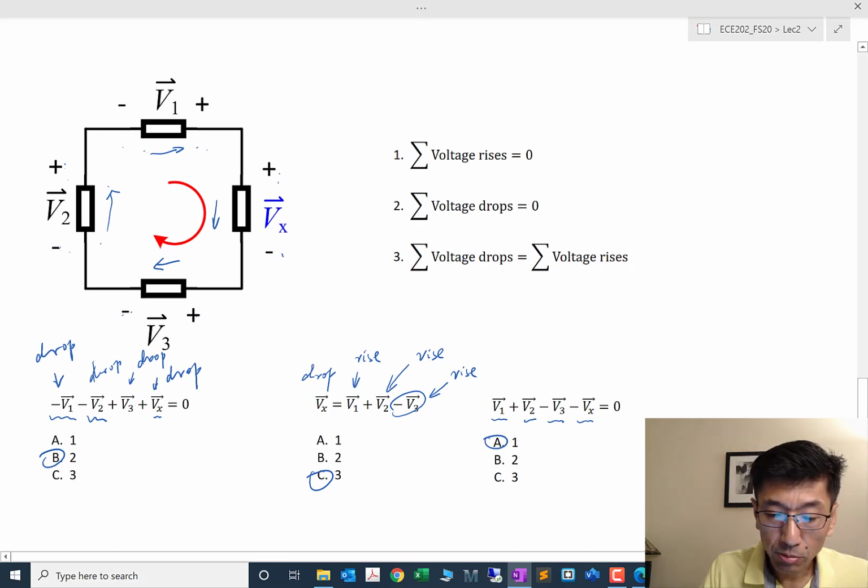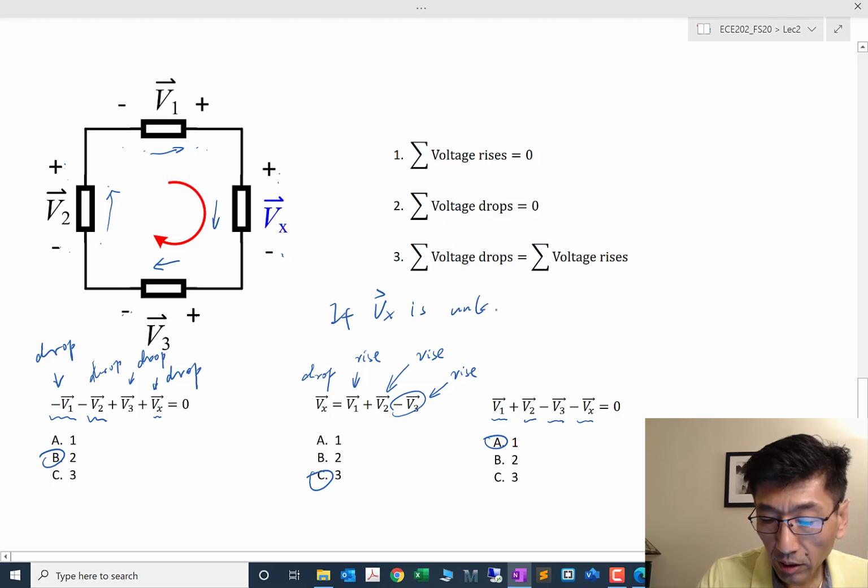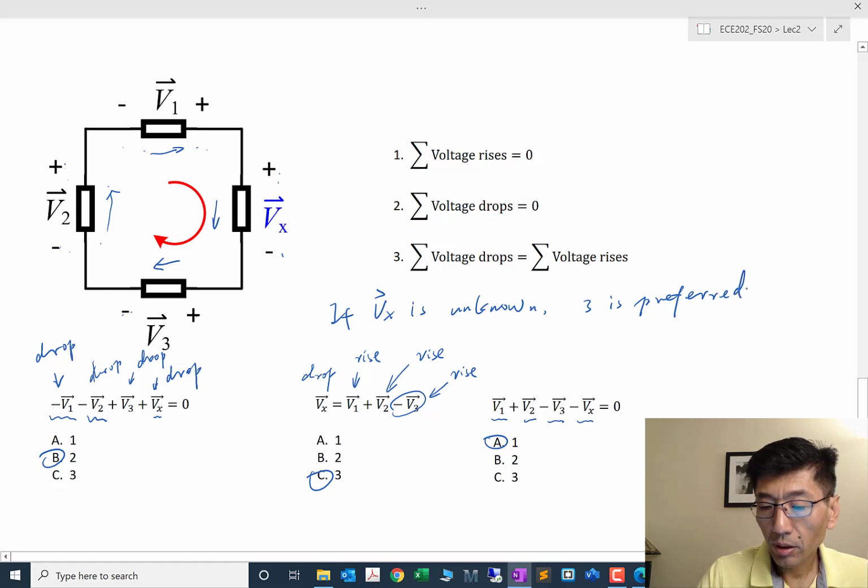There's one slightly preferred over the other two: if Vx is unknown, this one is slightly preferred, right? So 3 is preferred. The reason for that is you can get the answer right away, just as we did for KCL, right?